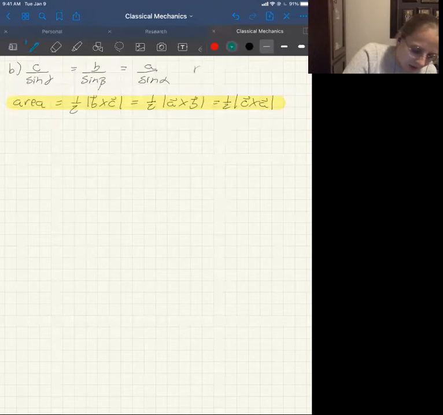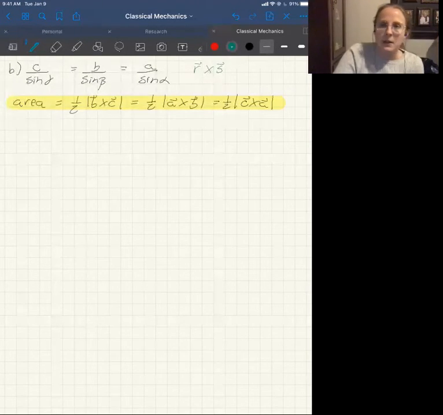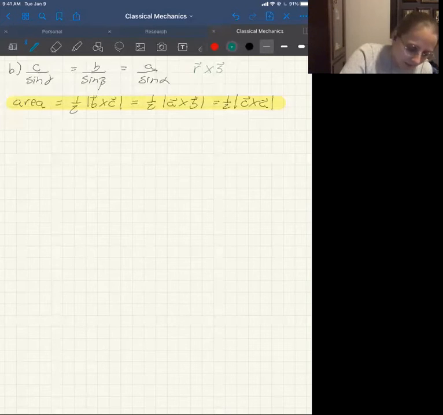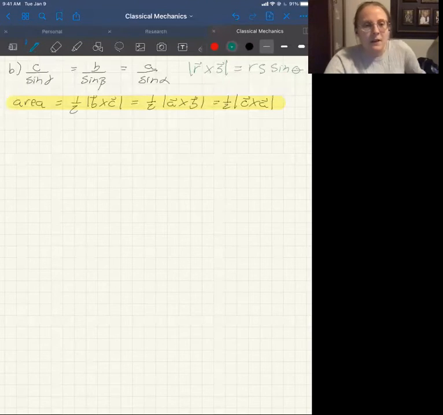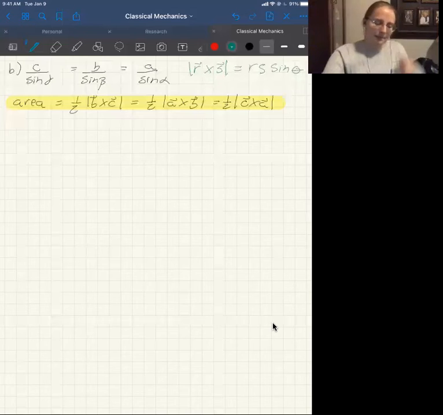But you know the following relation. The magnitude of the cross product of vectors r and s is simply the magnitude of r times the magnitude of s times the sine of the angle between them. So we can introduce sines into our equation using that formula.